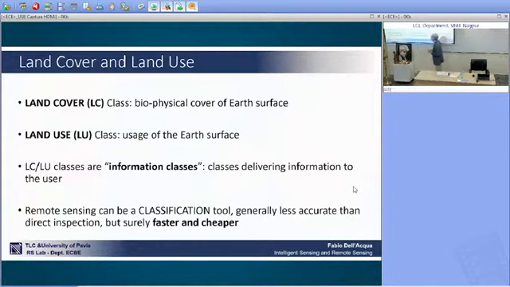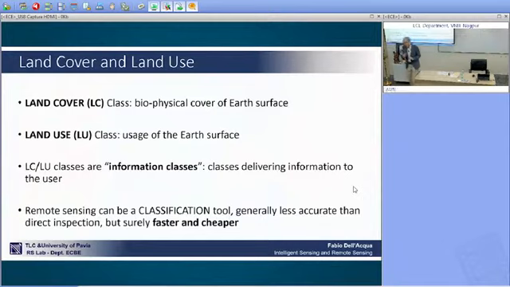Okay, so once again, these are all concepts that are not necessarily related with Earth observation data. As I said, cadastral data, for example, can also represent land cover data without having been sourced from satellite data.